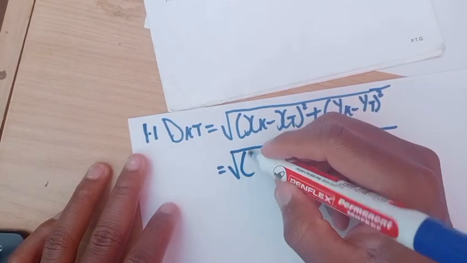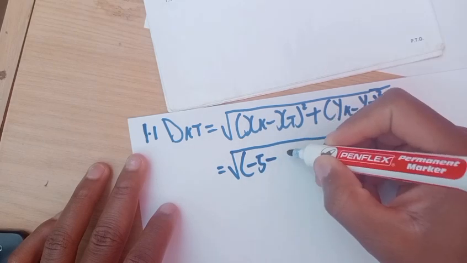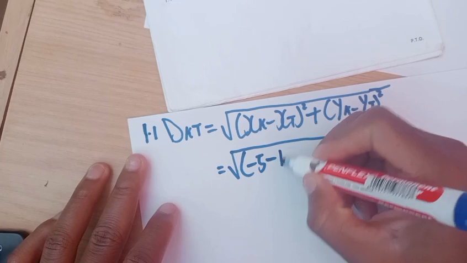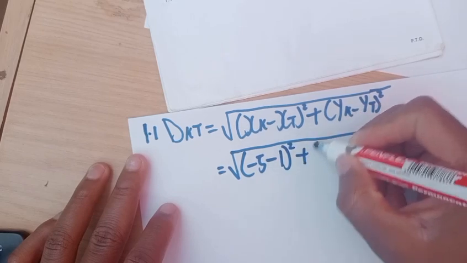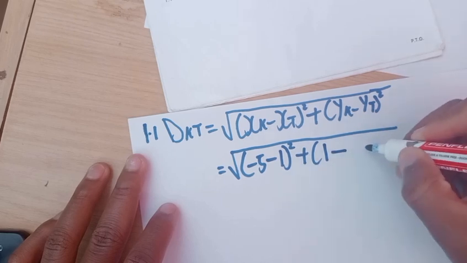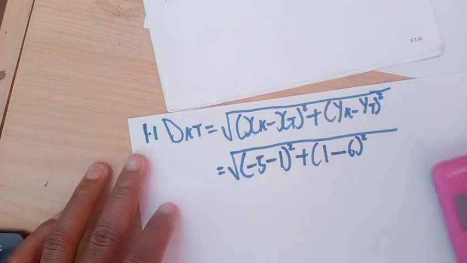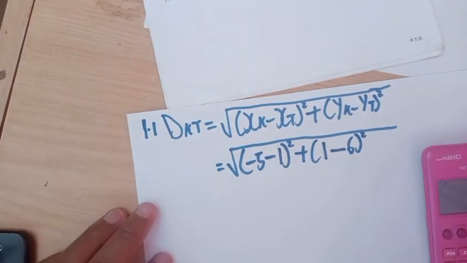xk is minus 5, minus 1, then you square, plus yk, which is 1 minus minus 6, and then you square. Guys, don't forget to square.